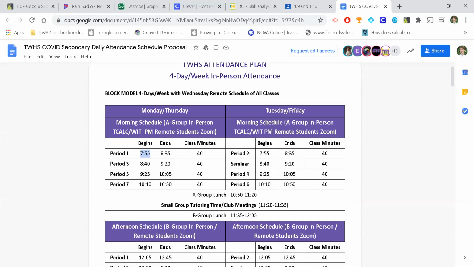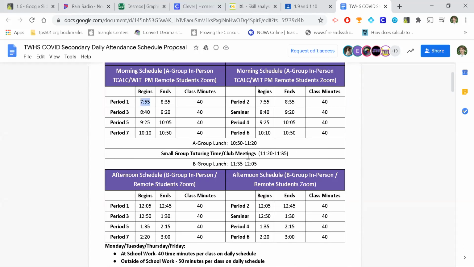Tuesday, Friday, even classes. If you're a B student, you'll always be doing 11:35 to 3 or 12:05 to 3. Again, Mondays and Thursdays, odd classes, Tuesday, Friday, even classes. Similar to how we do odd, even now.